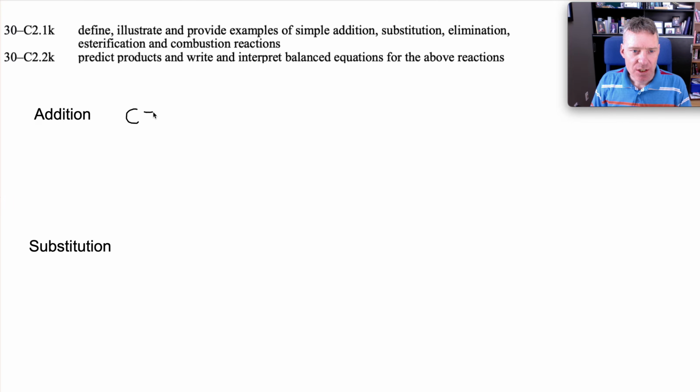So addition reactions. I'll keep things fairly simple. I'll add a third carbon here. Additions need to have a double bond or a triple bond. The first bond between any 2 atoms is really strong, and they're called sigma bonds, and they don't break very easily.